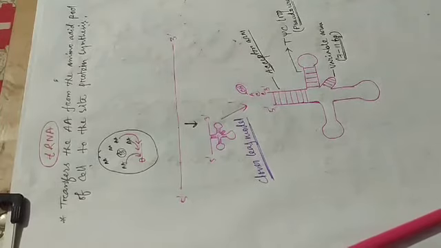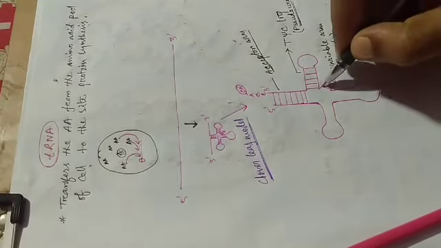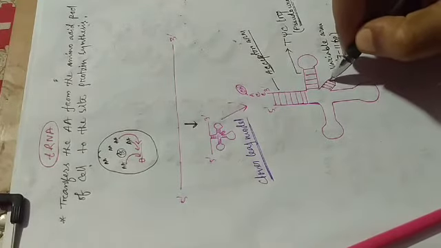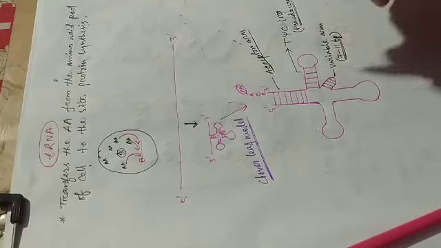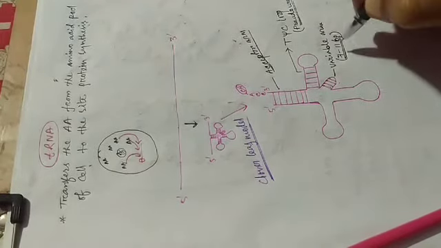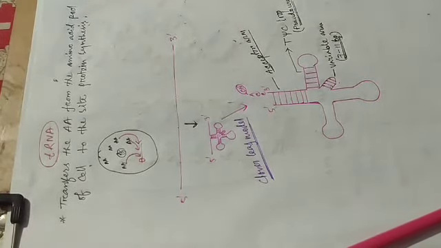It contains 7 to 11 nitrogen bases. BP means base pair, because here the nitrogen bases are present in pairs and form hydrogen bonds. For that, the length of the variable arm is between 7 to 11 base pairs, and it varies in different RNA. For that, this arm is called the variable arm.